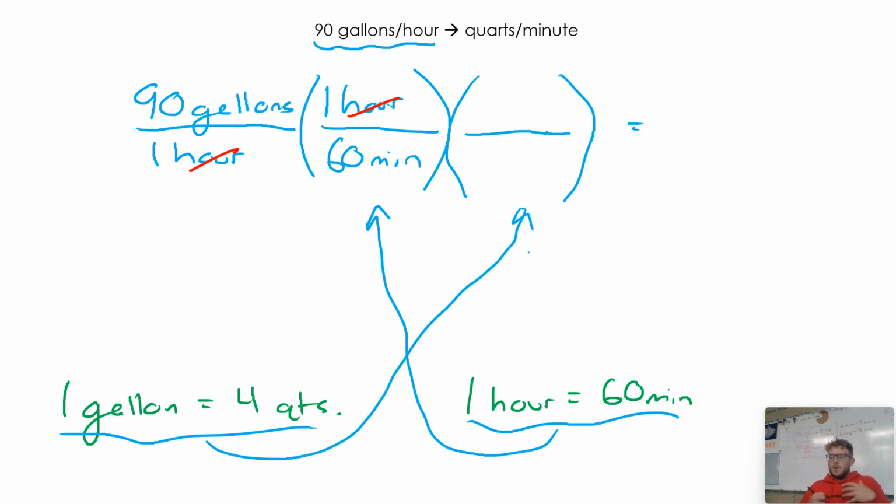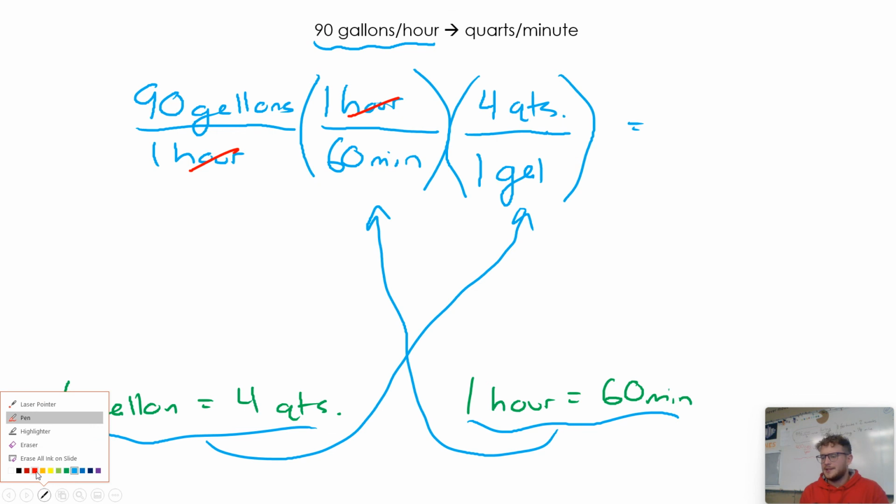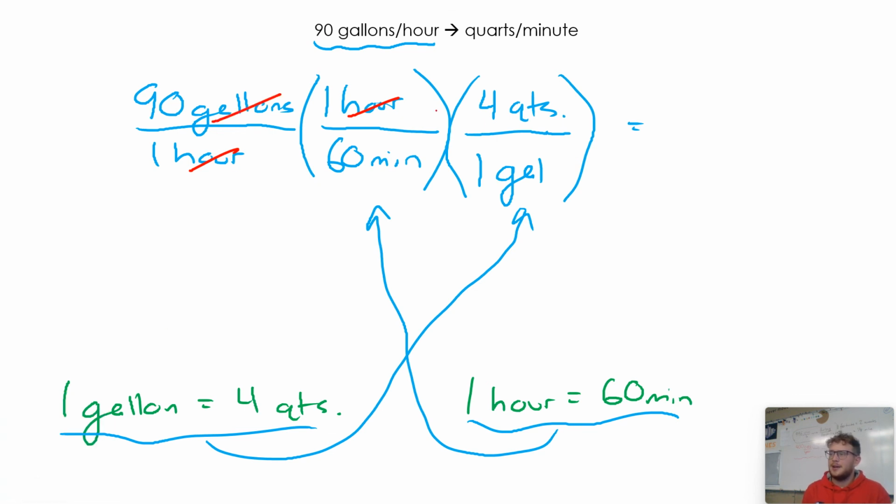Question is, where do each of those go? Well, my gallons were on top up here. So that must mean that if I'm going to cancel out those gallons, I need to put gallons on the bottom. So I'll put 1 gallon is 4 quarts. All right, so now what happens is, since I had gallons on top here and gallons on the bottom there, they actually cancel.